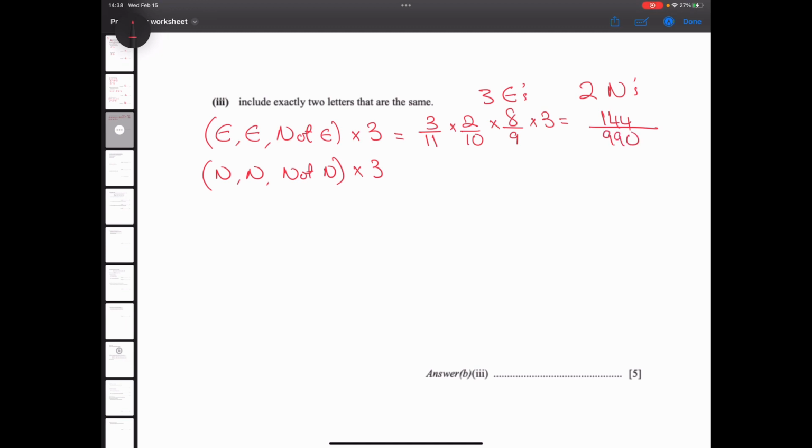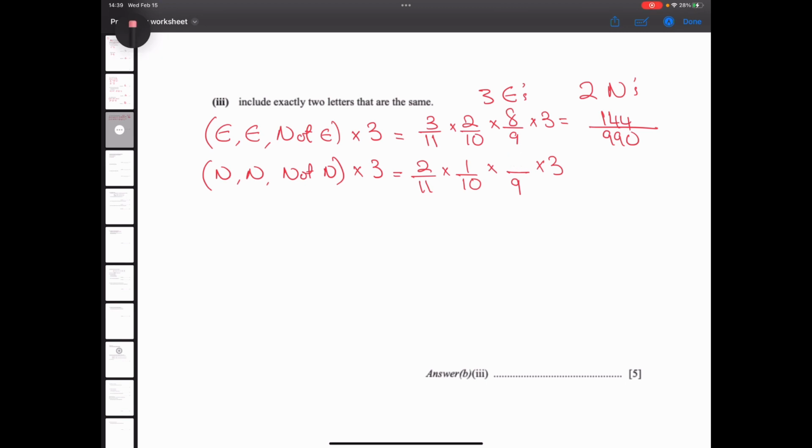over 990. Over here, the first N is 2 out of 11, the second N is 1 out of 10, and the remainder is something out of 9, which is also 8 out of 9. And multiply this by 3. Okay? I don't think it's an 8 out of 9, though.